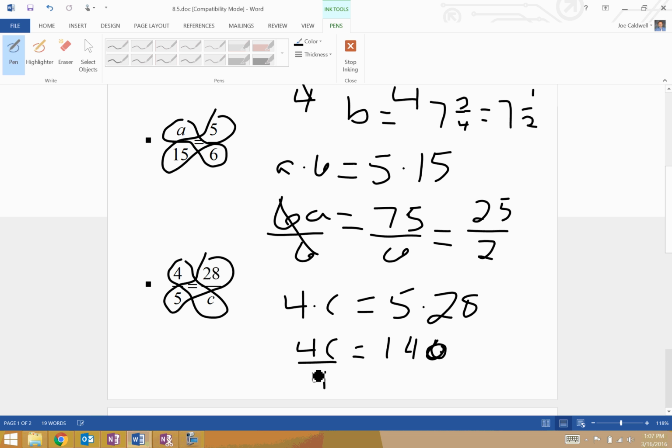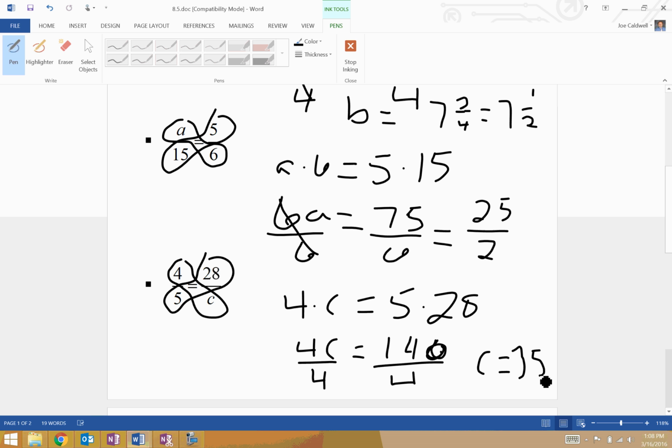Divide both sides by 4. c equals, take a 4 out of both of those, 140 divided by 4, and that equals 35.